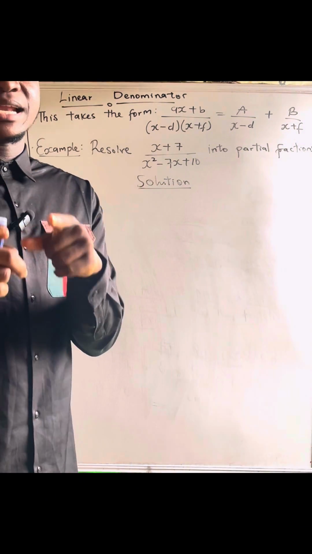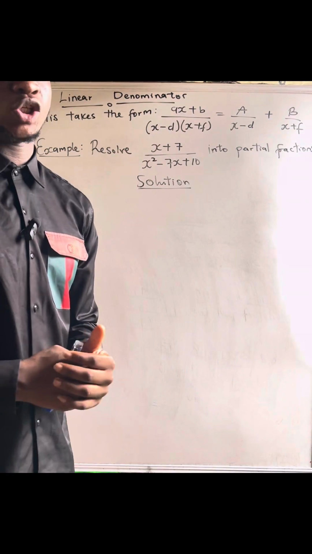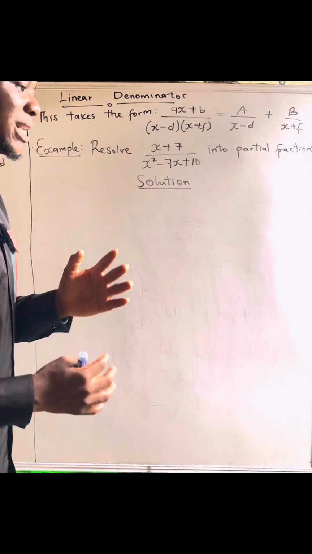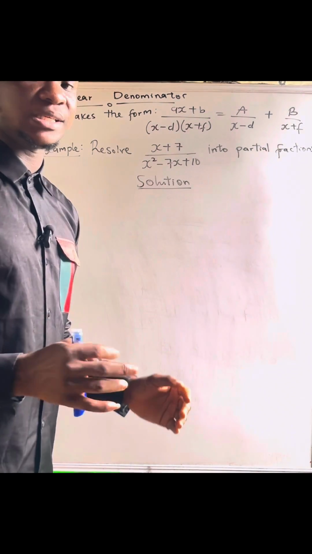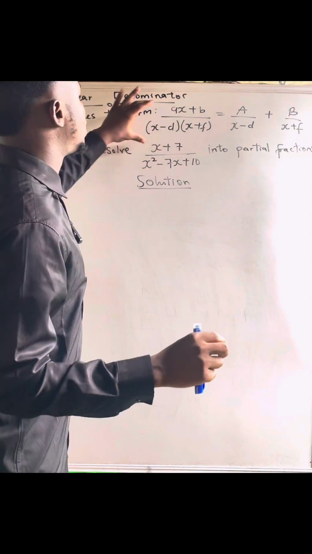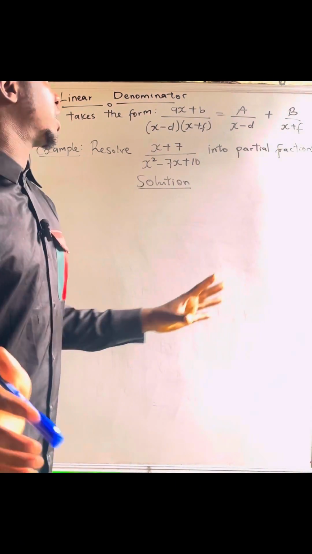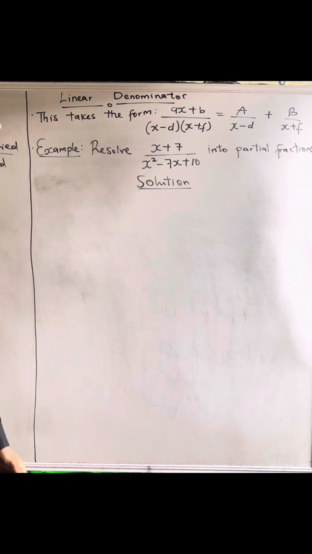After you've considered that, you must be able to identify the general form of that particular question. So if you want to be using the long method in solving partial fraction questions, you must be very well acquainted with the general forms of partial fraction.